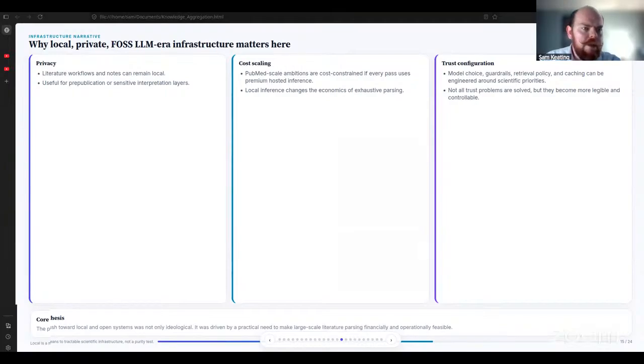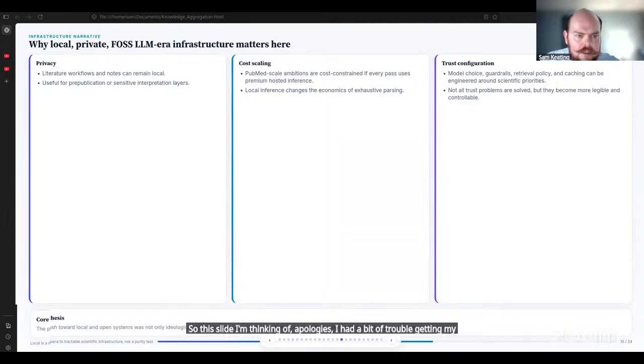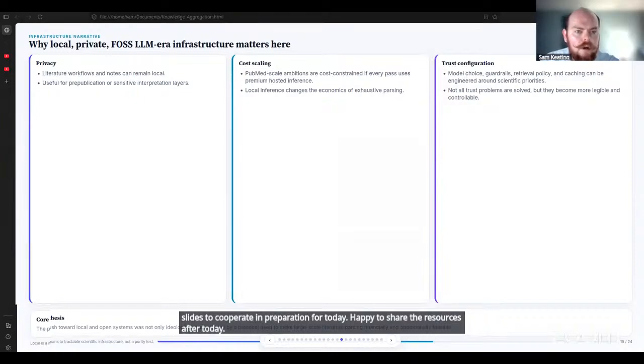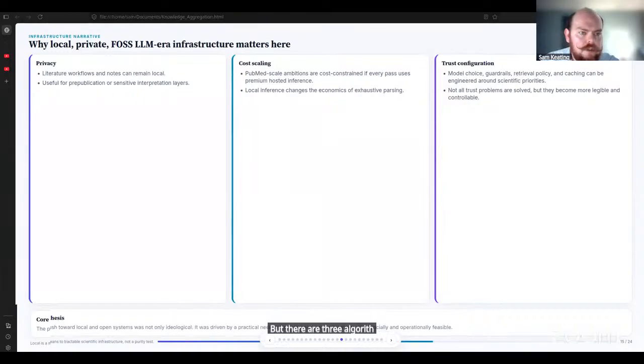So this slide I'm thinking of, apologies, I had a bit of trouble getting my slides to cooperate in preparation for today. Happy to share the resources after today. But there are three algorithmic approaches of interest.